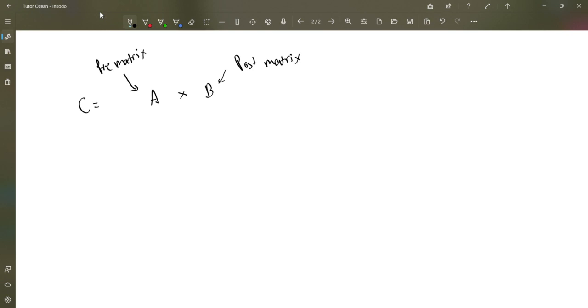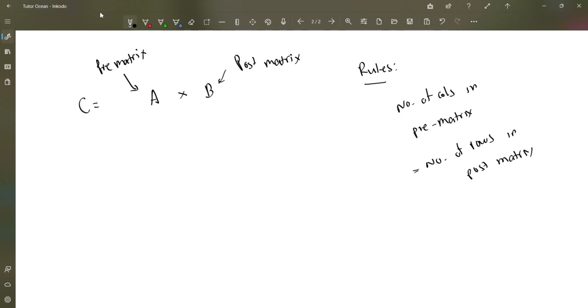Okay, so the rule or the precondition that needs to be satisfied before every matrix multiplication: number of columns in pre-matrix equals number of rows in post-matrix.